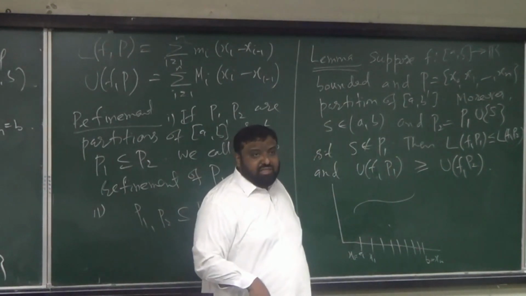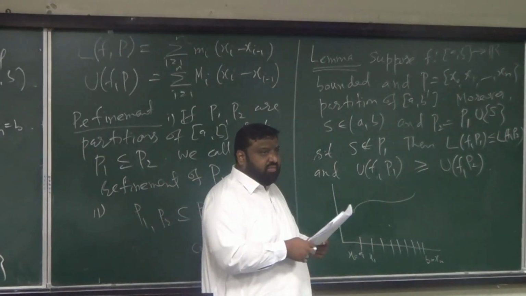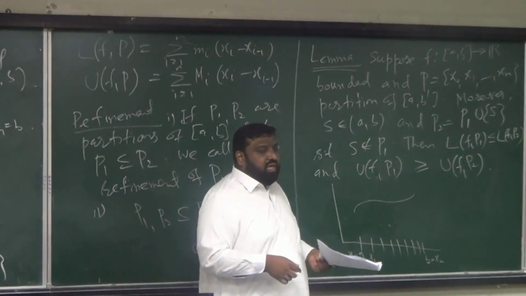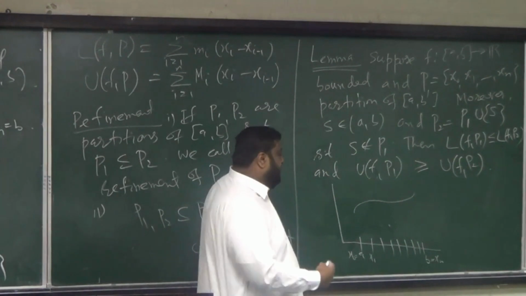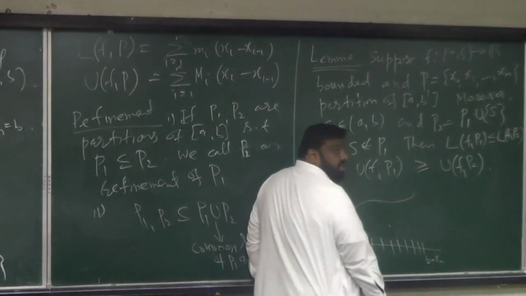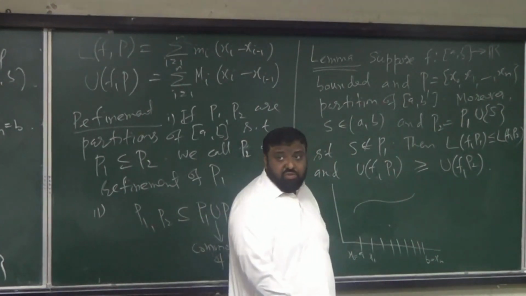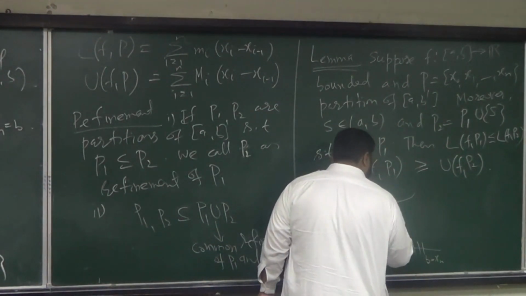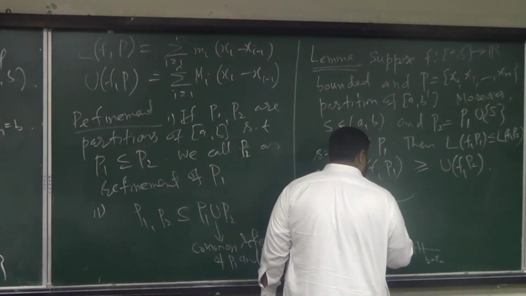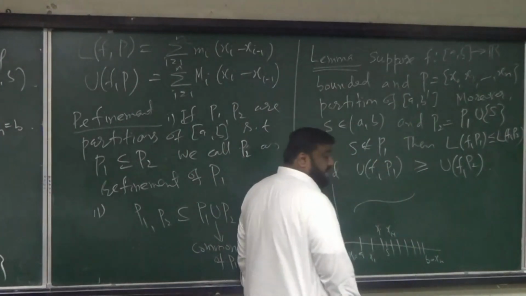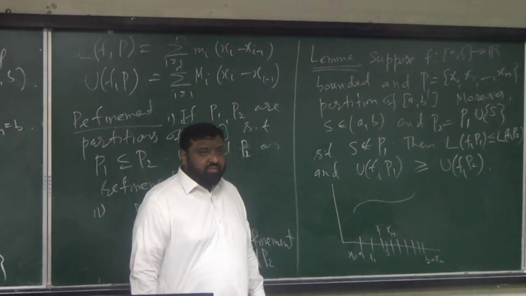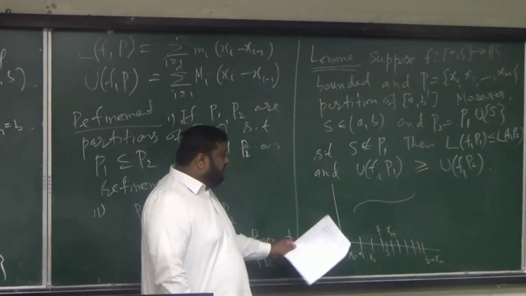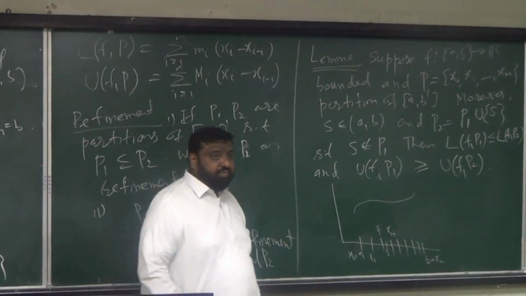So where could S be? There must be a subinterval where this S would be. Let's call that subinterval x i minus 1 and x i. That's what the picture looks like.